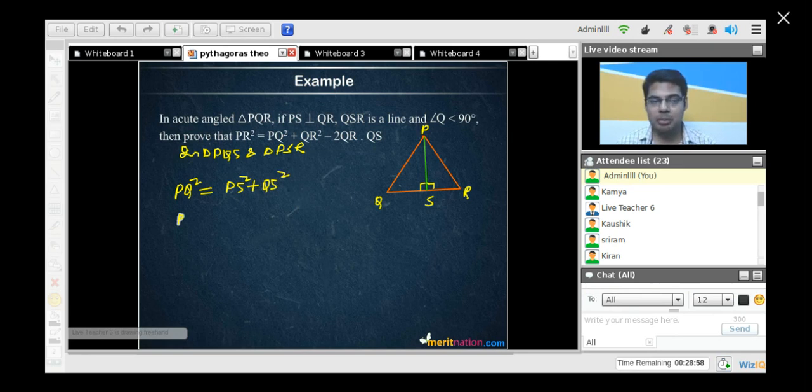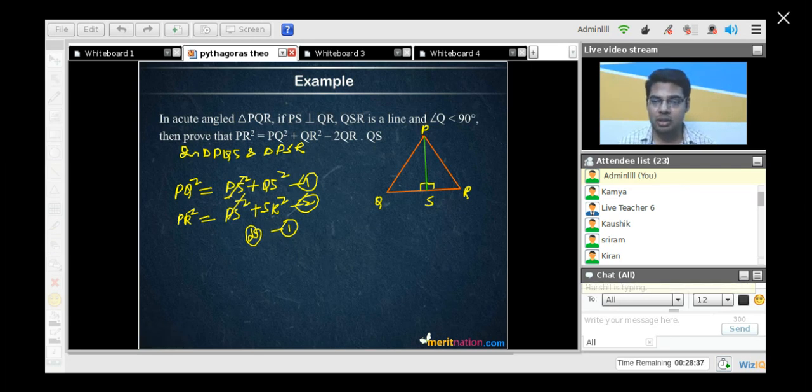And similarly we can say PR square equals PS square plus SR square. Now we have these two equations. So can I subtract the equations? Yes friends? That is 2 minus 1. If I subtract the equations, PS square and PS square will get cancelled out, because PS square is common in both the equations.